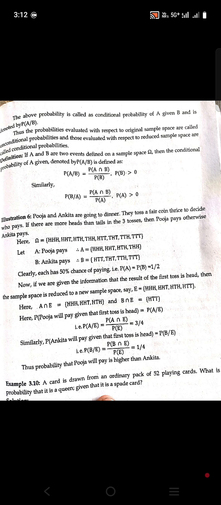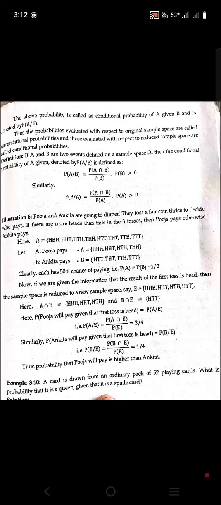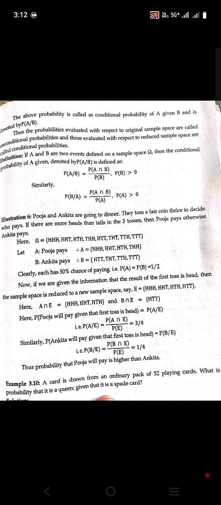We solve an example of conditional probability. Here we have tossed a pair of coins, and we give the sample space, and then reduce this sample space. That is, we find at least one of the coins shows head, in the new sample space, say B, and B equals HH, HT, TH.